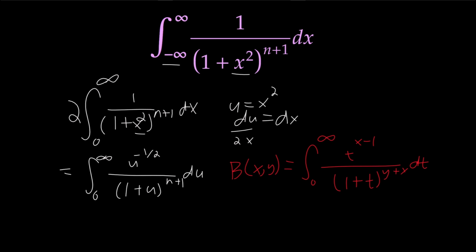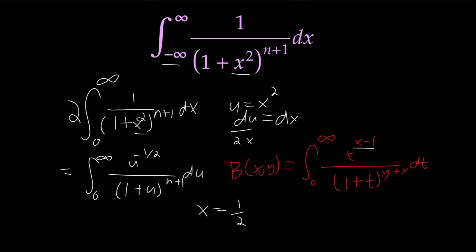What we can do is really just pattern match. We can let this whole term right here, x minus 1, equal negative 1/2, meaning that our x in total is just going to be 1/2, because 1/2 minus 1 is negative 1/2.